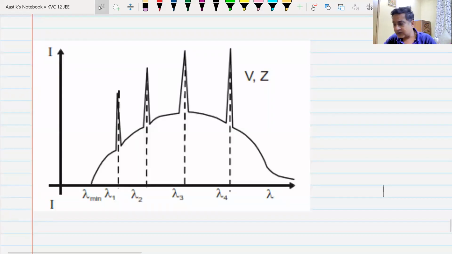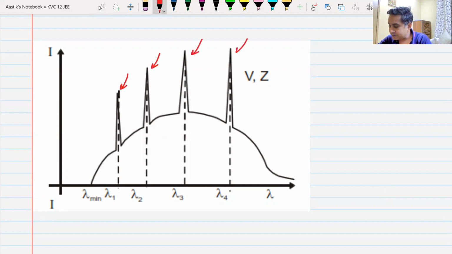Why does the graph look like this? It has some sharp peaks here. Why are these sharp peaks coming in this graph? Now, this is the total graph, the entire graph of X-rays coming out of this Coolidge tube.